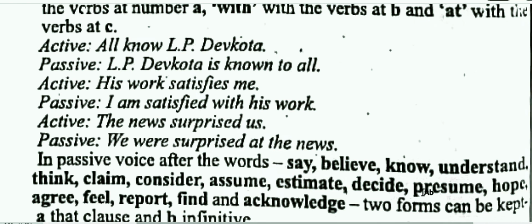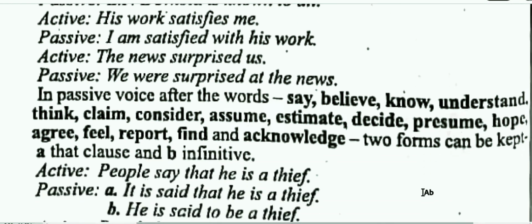"I am satisfied not by his work, but with his work." Next, when surprise or astonish come, we use "at." "The news surprised us." So in the passive, "We were surprised not by the news, but at the news." These are some examples you can go through.